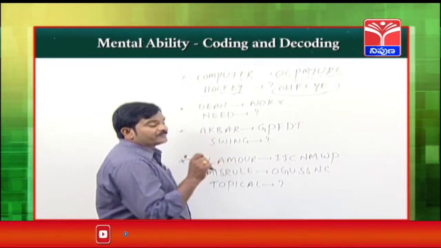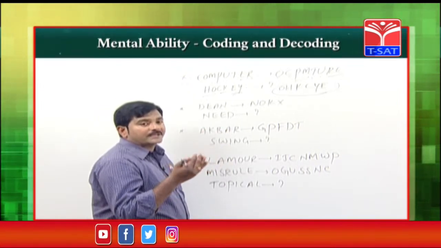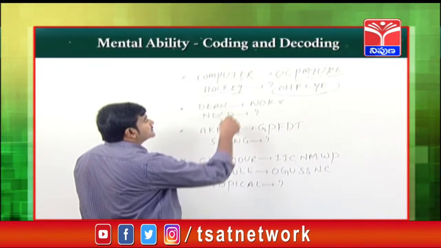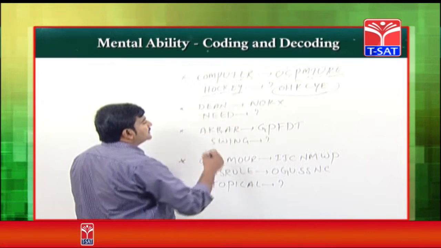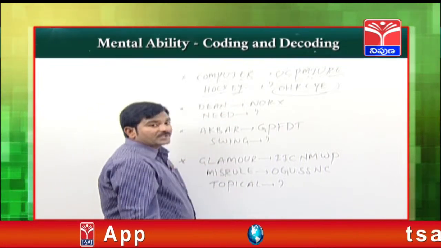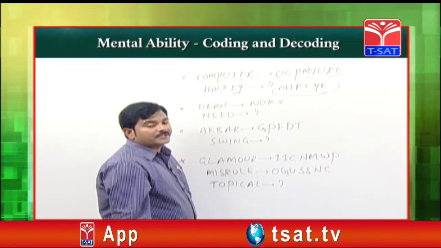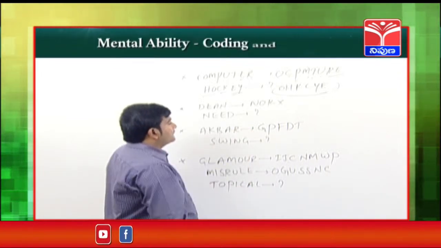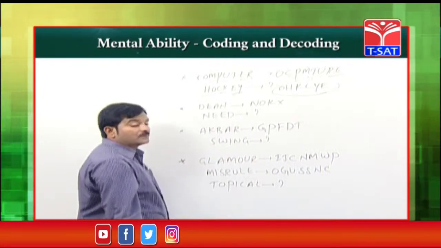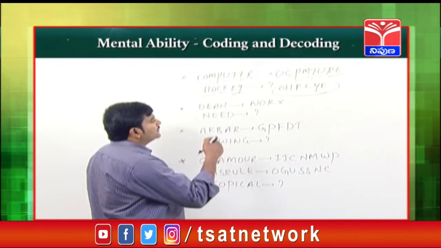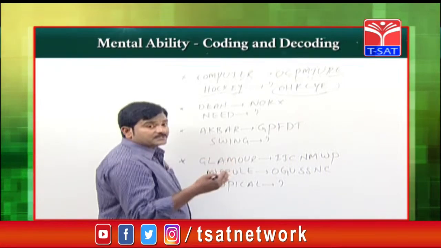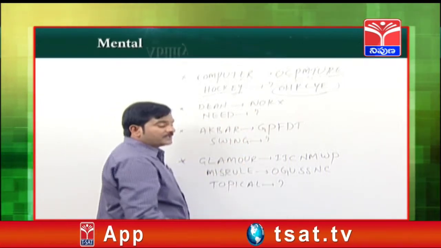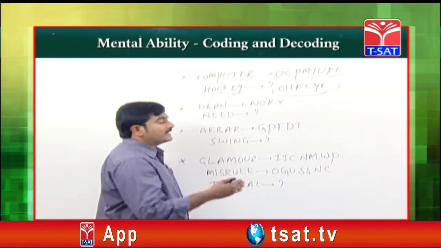The concept involved there is that every two letters are written in reverse order. Similarly, observe here: in a certain code language, DEAN can be written as NOKX. Then what is the code for the word need? If we number the letters, how does it look? D means 4, 4 became 14, 10 added.